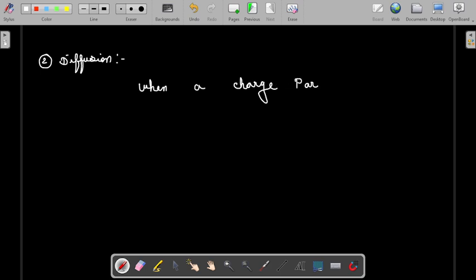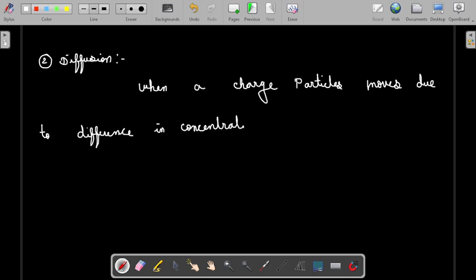So when charged particles move due to a difference in concentration, like when we are doping and it is not a constant doping, there is a huge difference in the doping. The difference in concentration we can also state as the concentration gradient; both terms are the same.